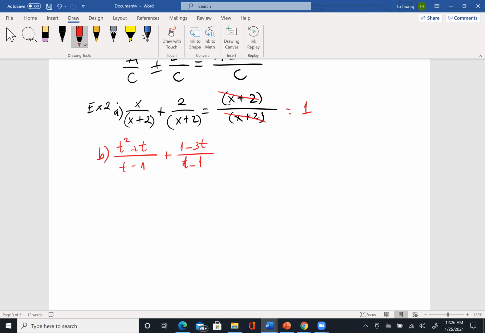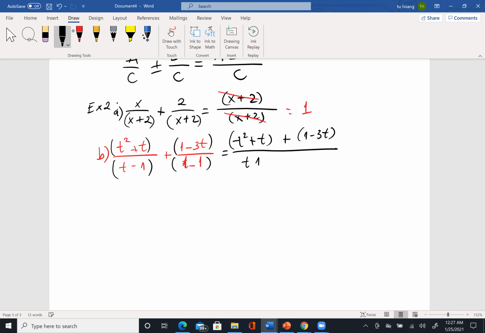What should I do for this? Okay, I firstly gonna have parentheses. I don't want to forget it. Now I'm gonna have t squared plus t on the top plus 1 minus 3t, and then I divide by t minus 1.